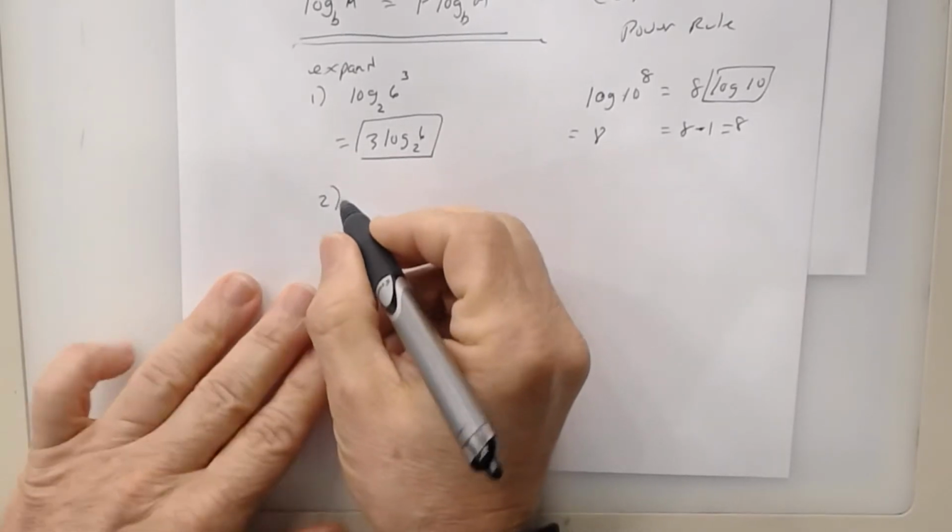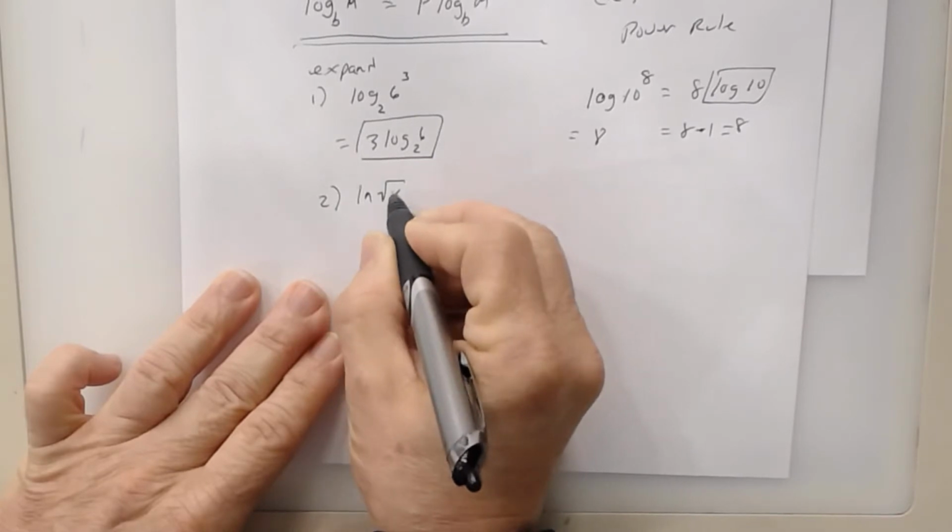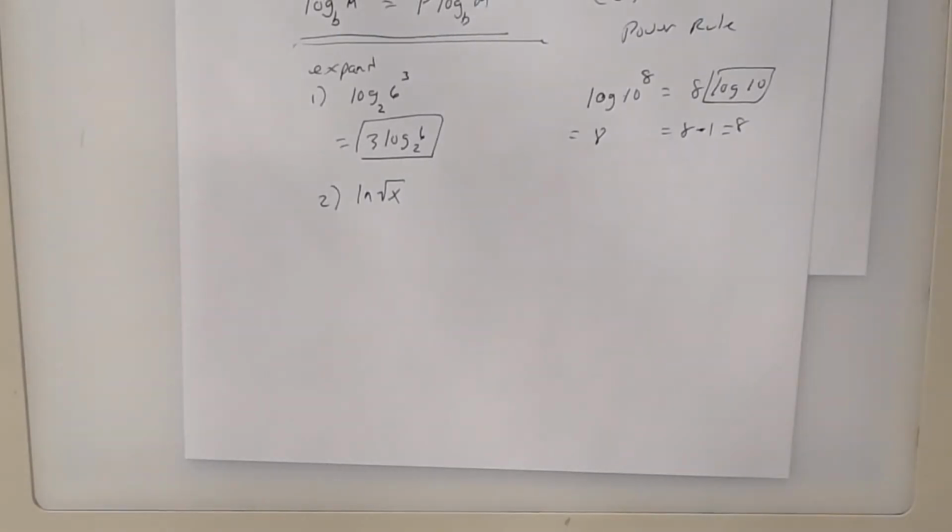Number 2, suppose I had the natural log of the square root of x. Now, you have to remember some things from previous courses and even things we talked about in here. How do you think you may want to rewrite the square root of x? x to the 1/2.